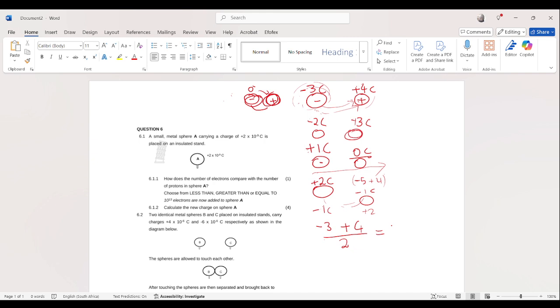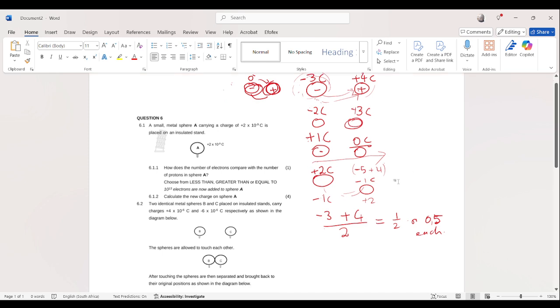It will give us 0.5, in fraction 1/2, or 0.5. 0.5 each. Okay.